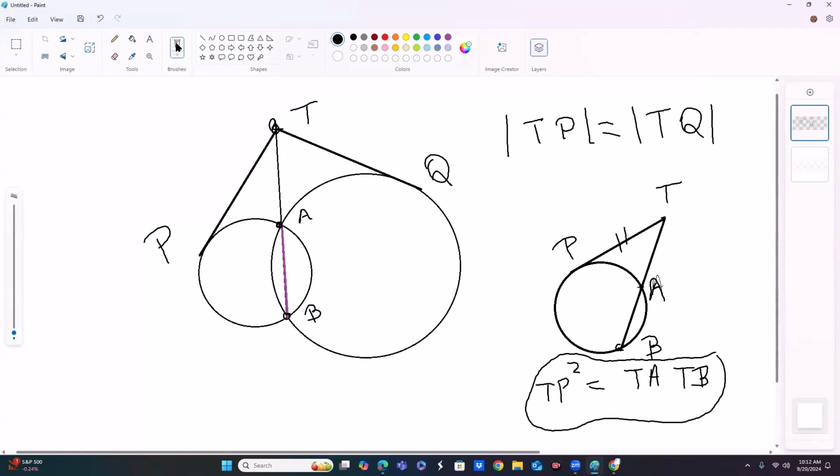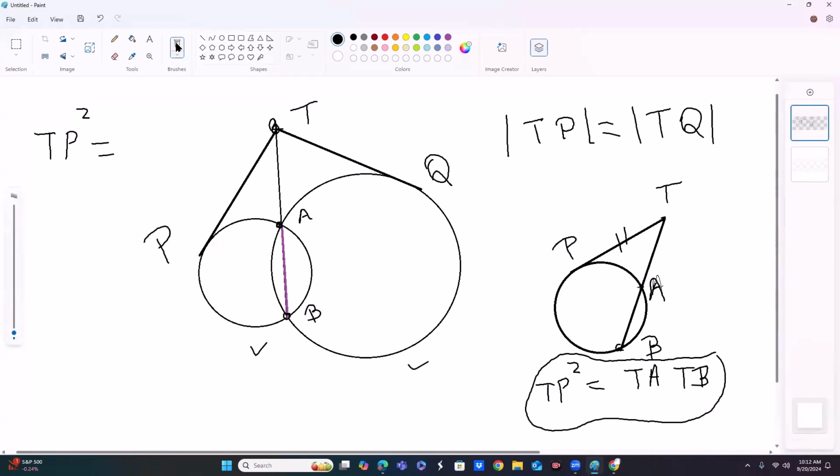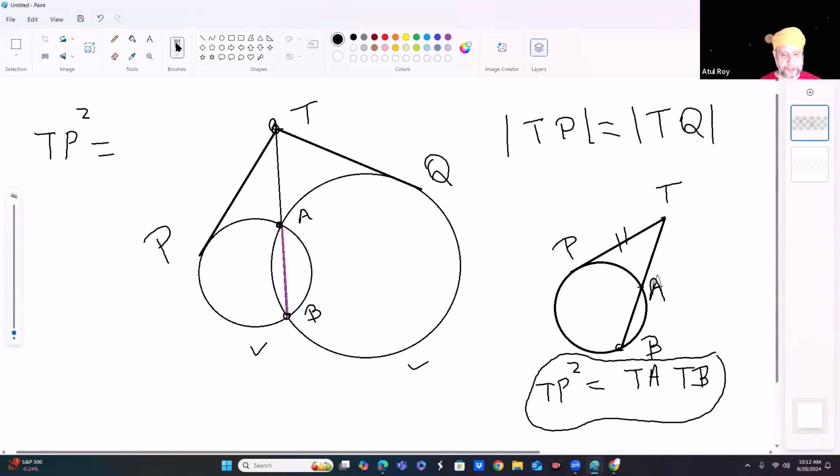So if you look at these two circles, then who is TP square? Just apply this theorem from here. Look at the picture.